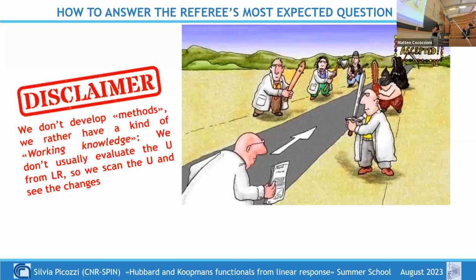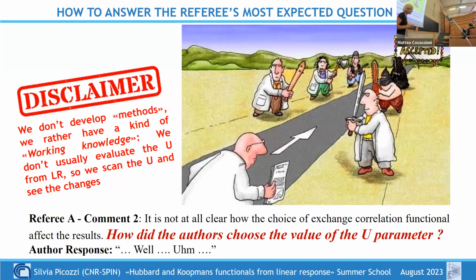So having said this, as I said, I scan the U, and we look at our properties and then we publish the paper. The most common question that we get is, how did the authors estimate the U? Did the result change?